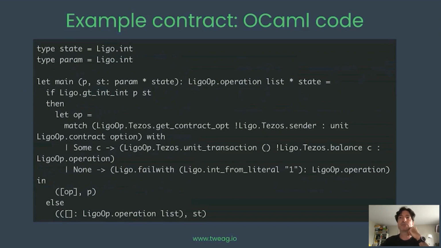So here you can see that we've got some prefixed identifiers for types like the LIGO.int. There's an operator there a few lines down. So LIGO.gt_int is greater than on int and int. In general, this reads fairly naturally then from an OCaml point of view, and we can run unit tests with our fantastic set of tools and adaptive libraries.